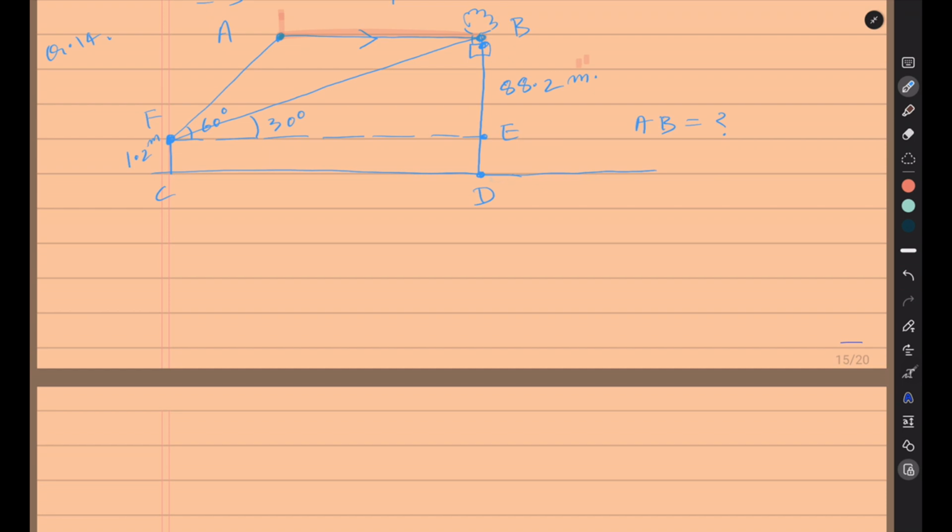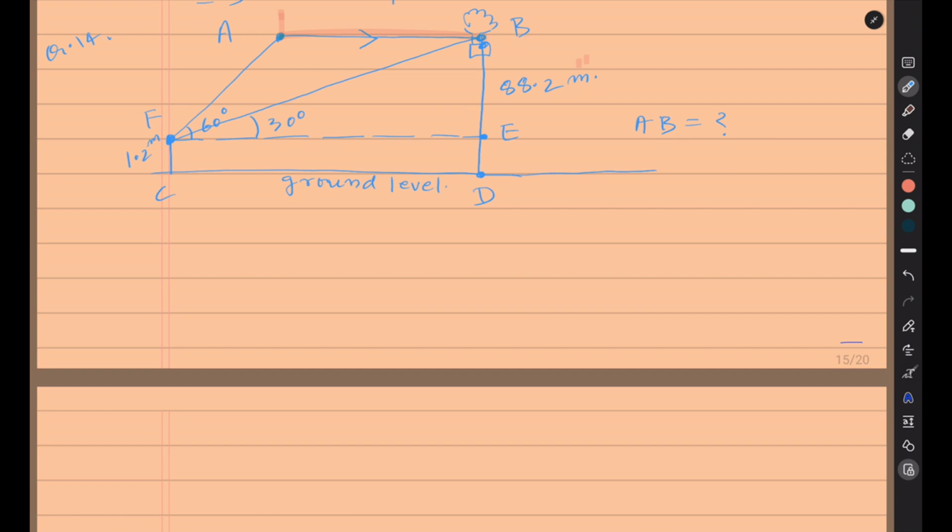Ground is CD, isn't it? I can also write down here if you want. This is ground level. And the girl is standing at the same position.